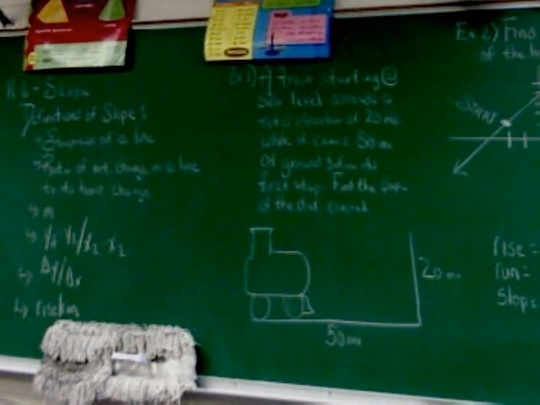All right, here we go. Definitions for slope. The steepness of a line. The ratio of the vertical change in a line to its horizontal change.